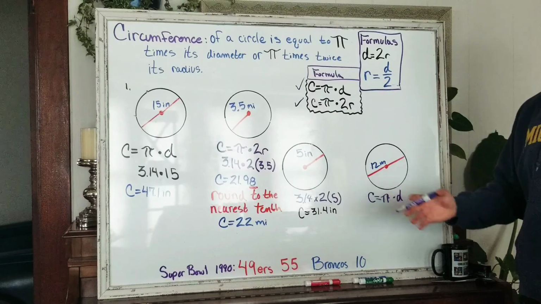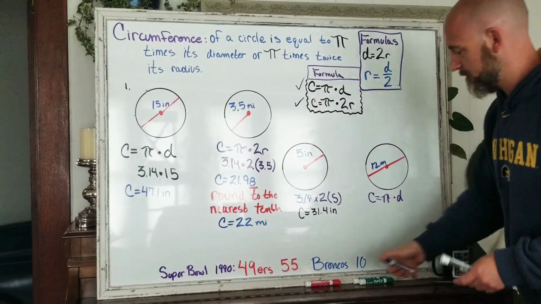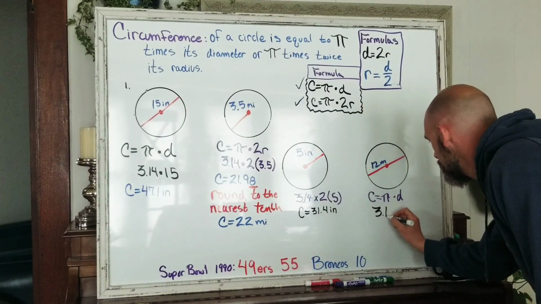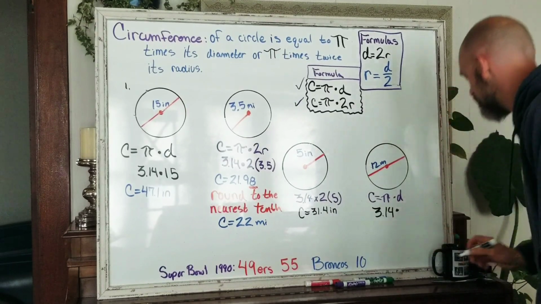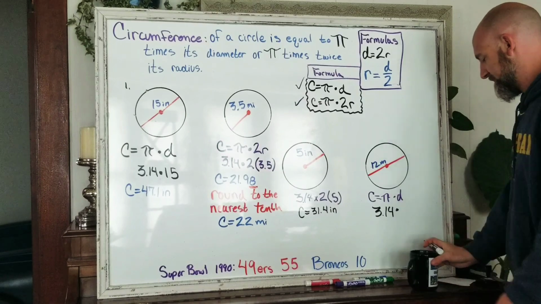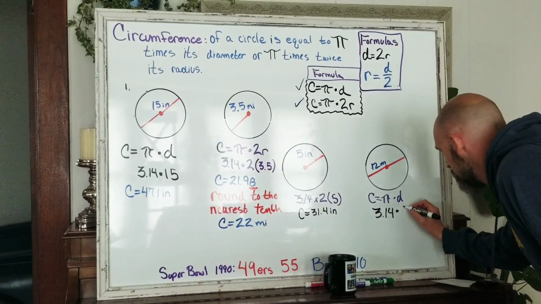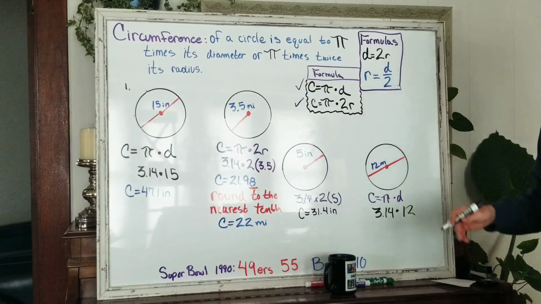All right, now we're going to fill in our numbers. What is pi? Think, okay, 3.14. 3.14 times, what is the diameter of this circle we have here? It is 12. So 3.14 times 12.